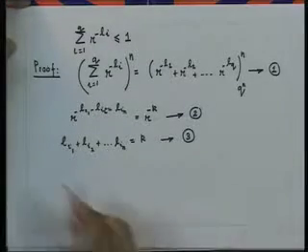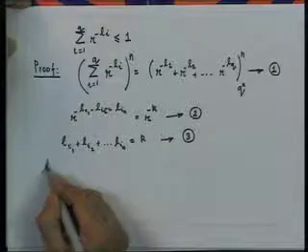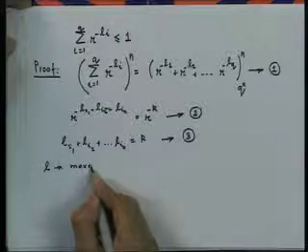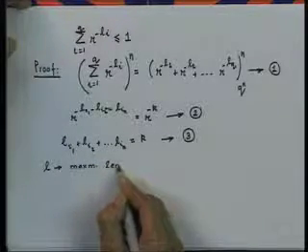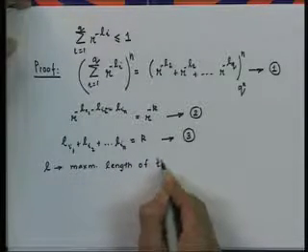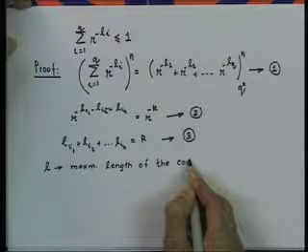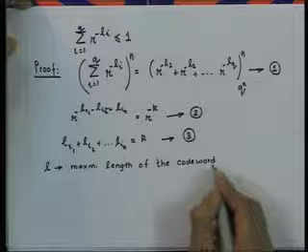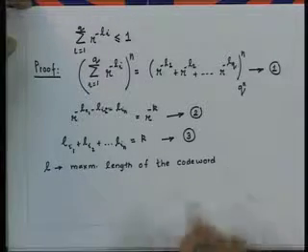Now, let me assume that L is the maximum length of the code word in that uniquely decodable code.